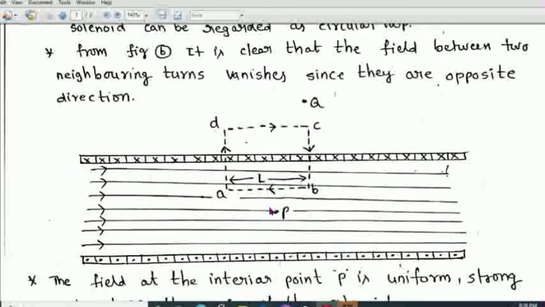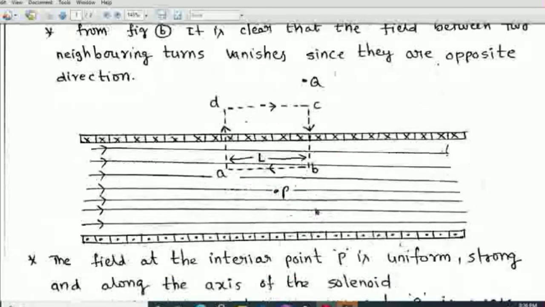By adding all these line integrals, which is equal to mu naught times the current enclosed, we are going to find the magnetic field due to the solenoid at a point inside.